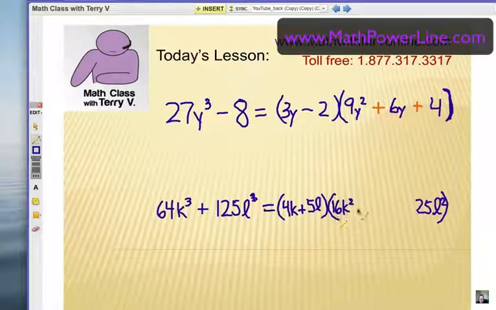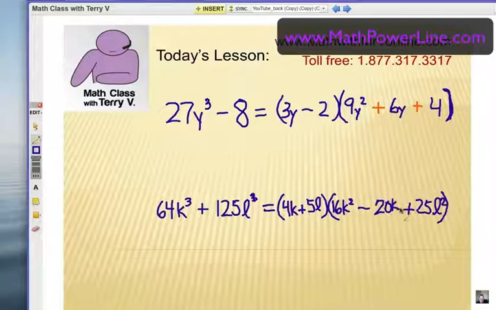All right, very good. Now, the middle term is the opposite sign from the binomial. We know the third term is always positive, and now we take the product of these two. 4k times 5l is 20kl.